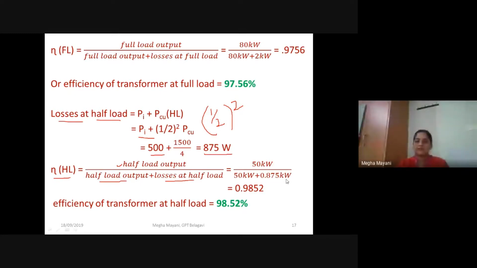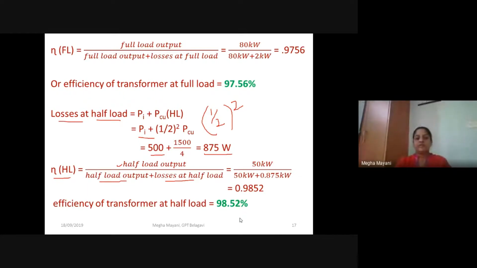0.875 kilowatts. This will turn up to a fraction of 0.9852. Hence, the efficiency of the transformer at half load is 98.52%. So I hope the solution is clear.